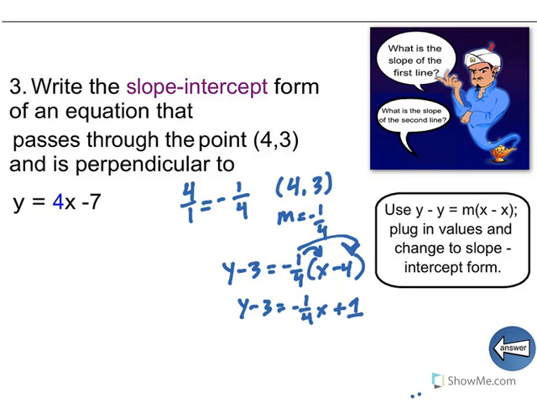Multiply the fraction by the top, so negative 1 times negative 4, and then divide by the denominator. Then add 3 on both sides. This gives me y equals negative 1/4 x plus 4. What I like about point-slope form is that once I've changed it, I'm done. The equation's already written for us, so we don't have to go back and rewrite it.